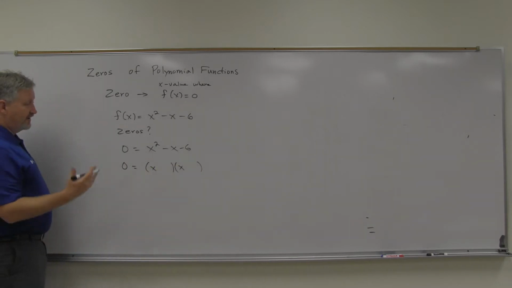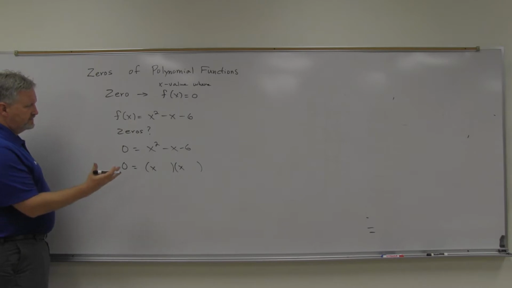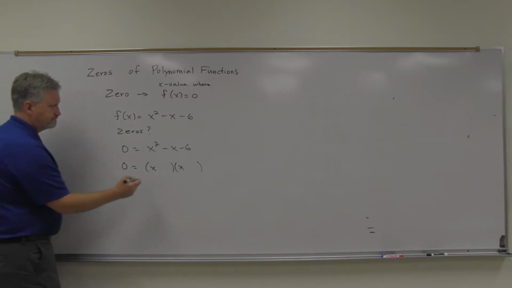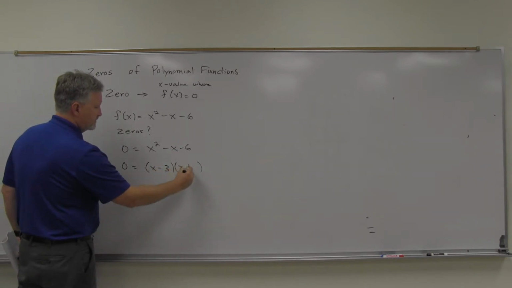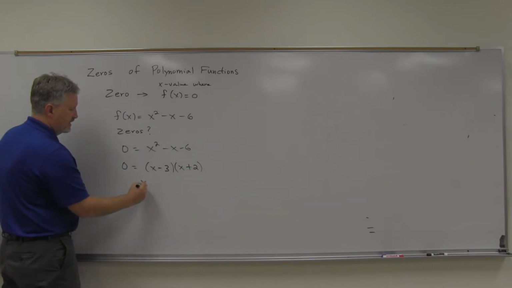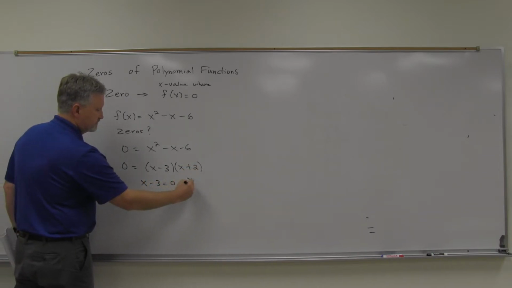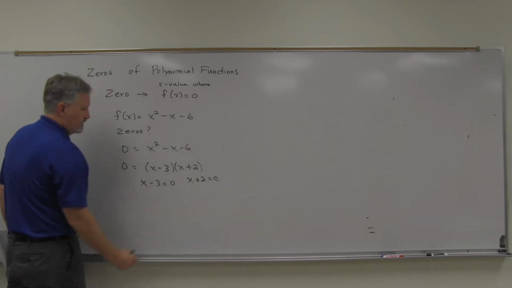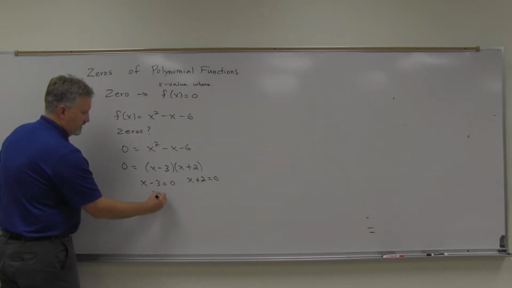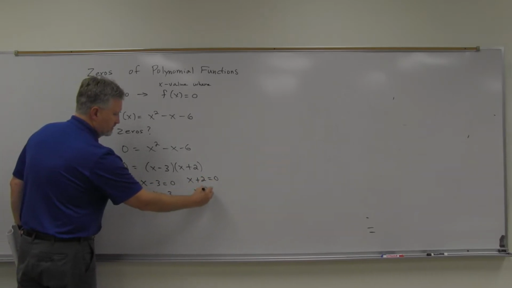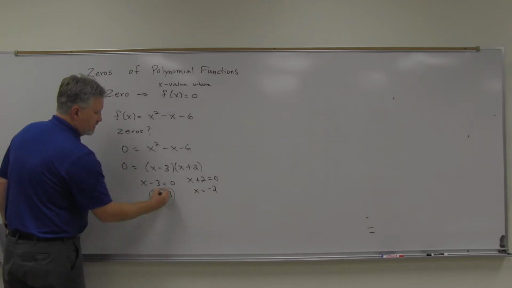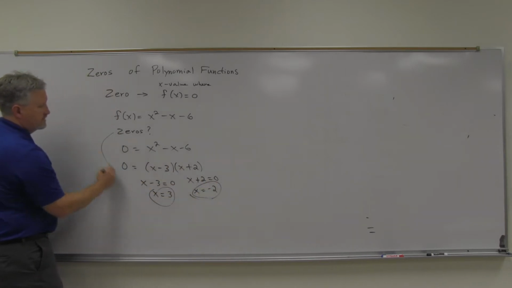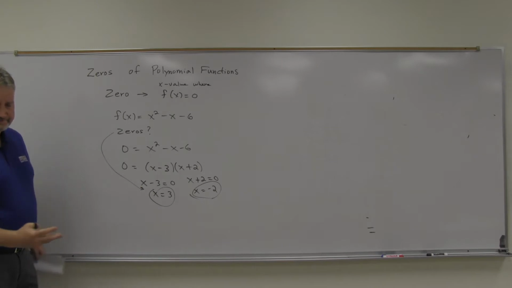It doesn't matter a whole lot, but it's easy enough to factor: minus 3 plus 2. This one's going to have two zeros. Add 3, you get x is 3, and subtract 2. Those are the zeros for this function.